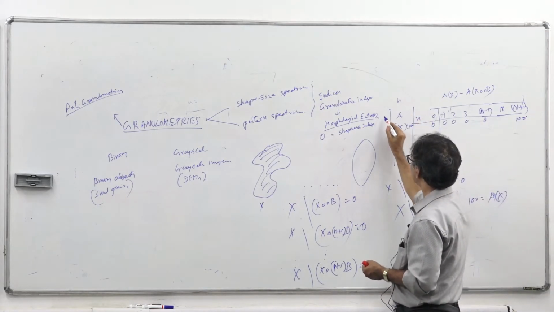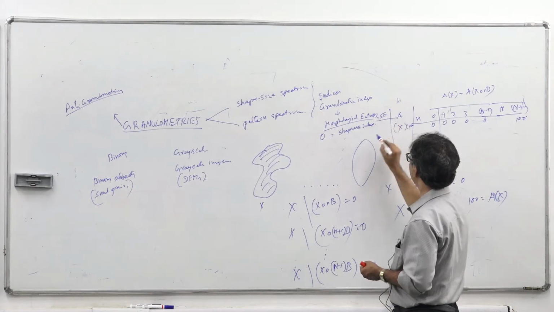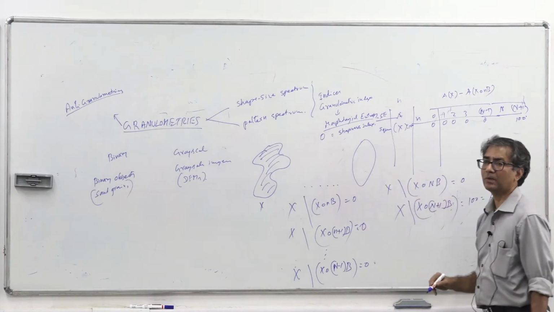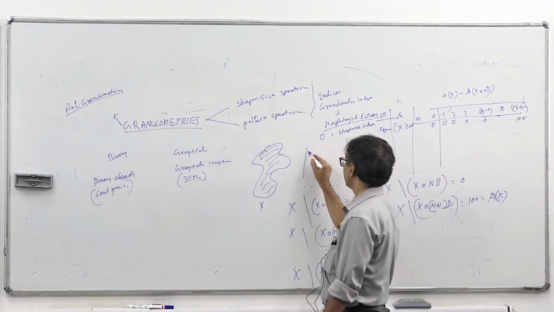Again, what is the structuring element shape? Probably let me put, this is like a square block. Probably the object that I am investigating is a square block.